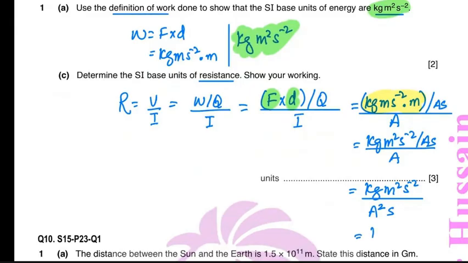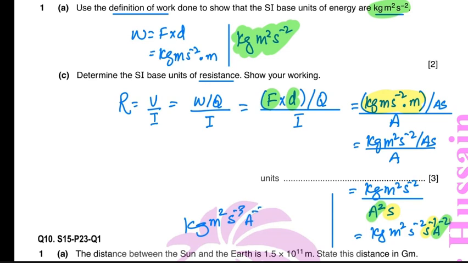And this will become kg m^2 s^-2 and s^-1 and A^-2. This s will go up, become s^-1. This A squared will go up and become A^-2. So simplifying this, we get kg m^2 s^-3 A^-2.